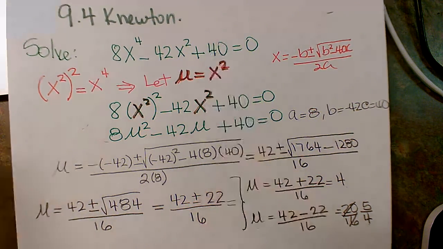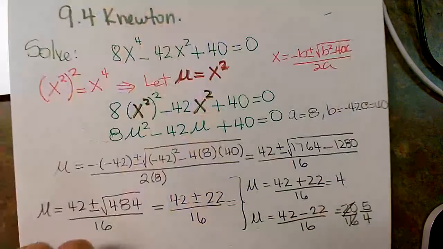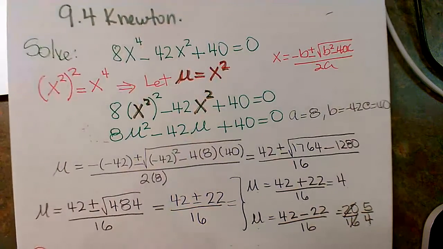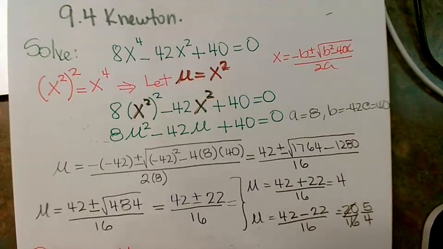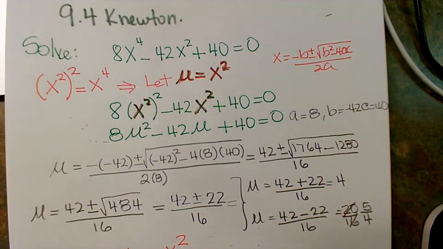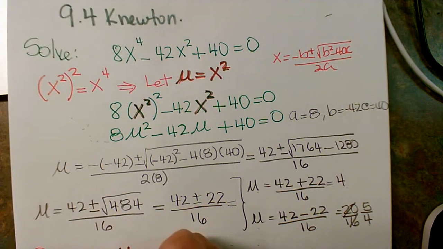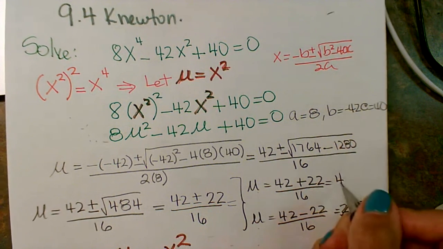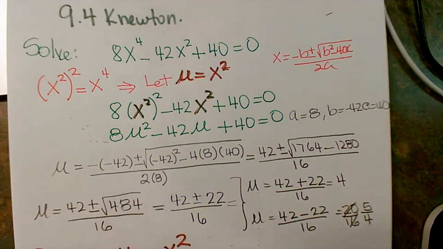Now we go back to replace, because we said that u was equal to x squared. So the first one that I have is u equals 4, right?